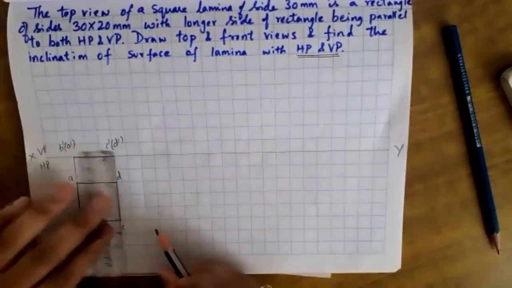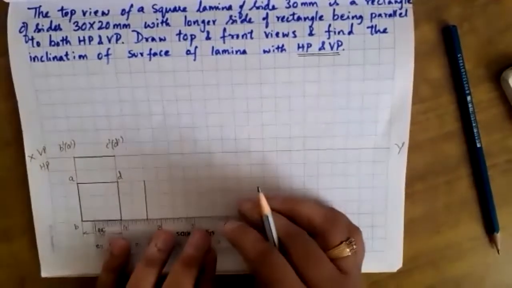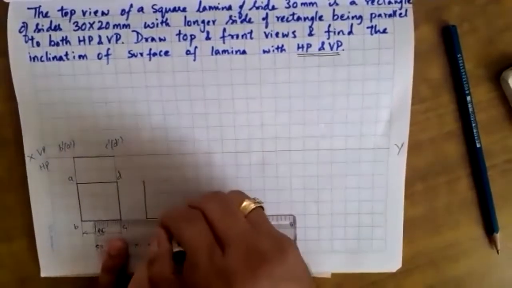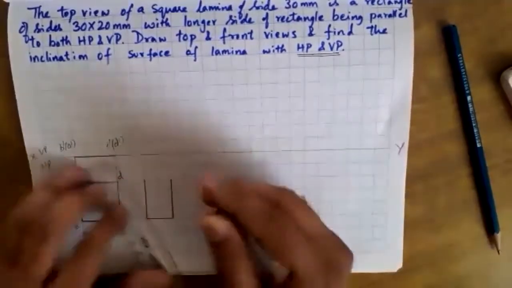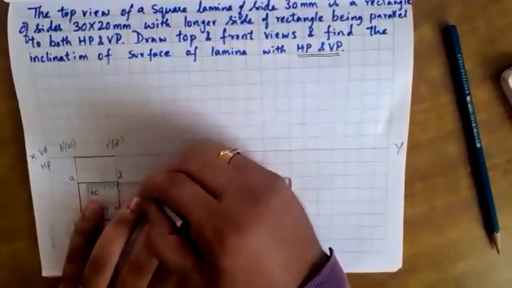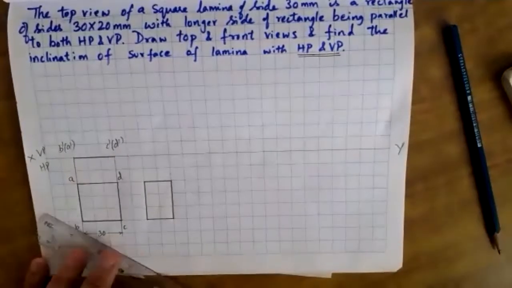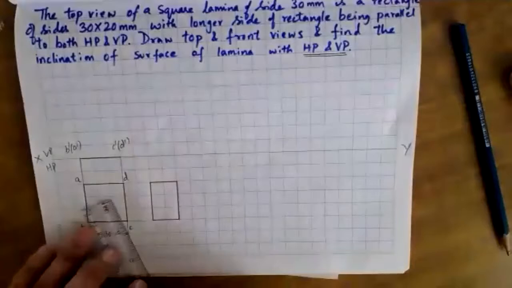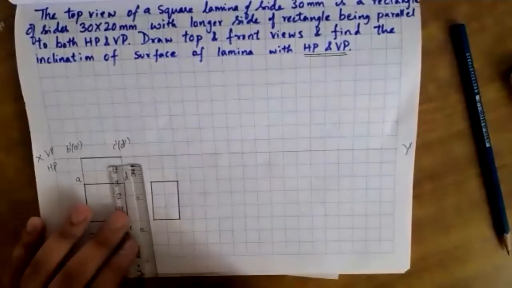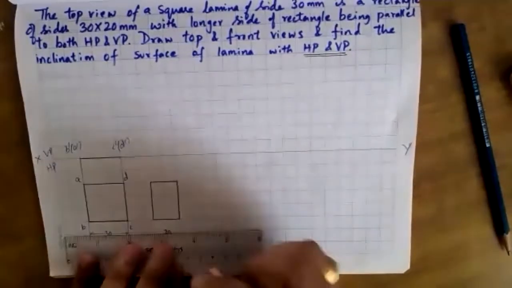So I'll directly draw the second top view. See here, a 30 mm by 20 mm rectangle. I'm directly drawing a 30 by 20 rectangle. So I'll dimension 20.